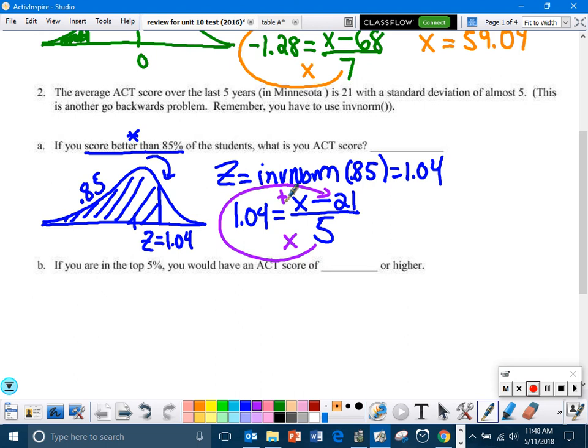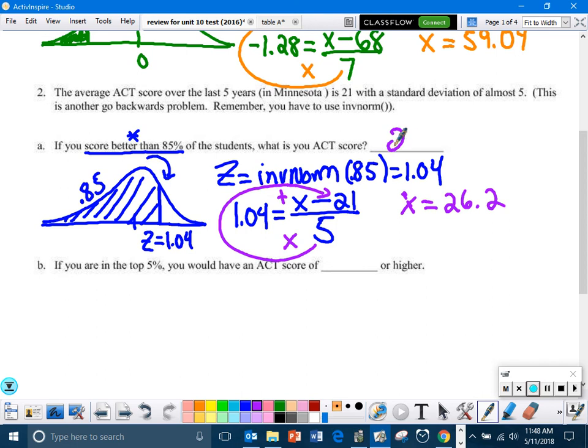We're going to multiply the 5 and the 1.04, and add 21. So we end up with x equals 26.2. Well, we're just going to round that to 26.